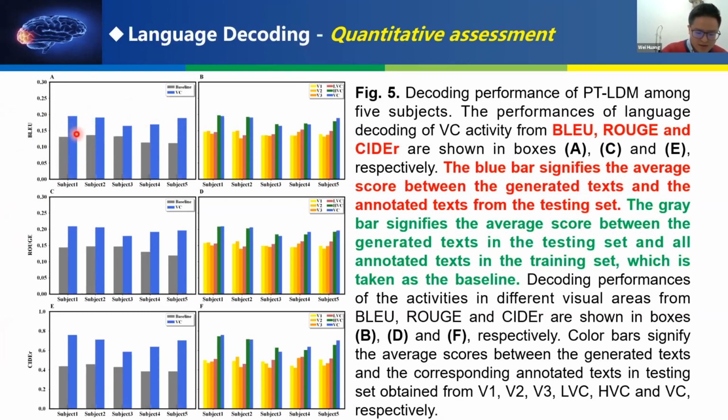The blue bar signifies the average score between the generated text and the annotated text from the testing set. And the gray bar signifies the average score between the generated text in the testing set and the annotated text in the training set.